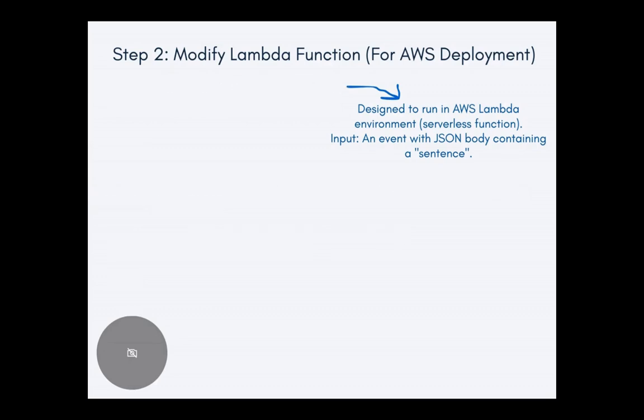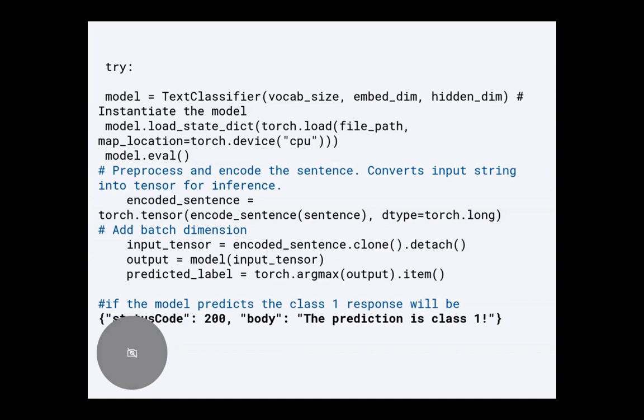Okay, and then let's go over a little bit more about how the Lambda handler works. As you can see over here, we are loading the text classifier model, and then we are mapping it to the CPU device, the torch device, and we are putting it in evaluation mode. Pre-process and encode the sentence, converting the input string into a tensor for inference. That's exactly what this is doing. Whatever sentence you have provided through maybe a Postman service or from your front end, this is where it's encoded.